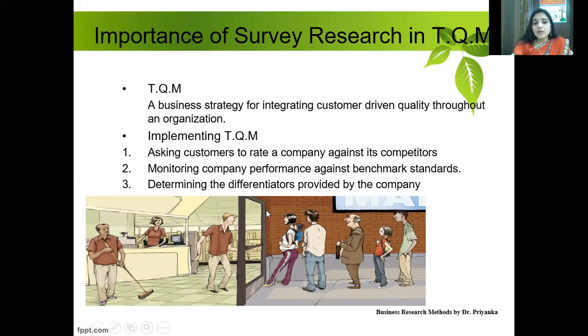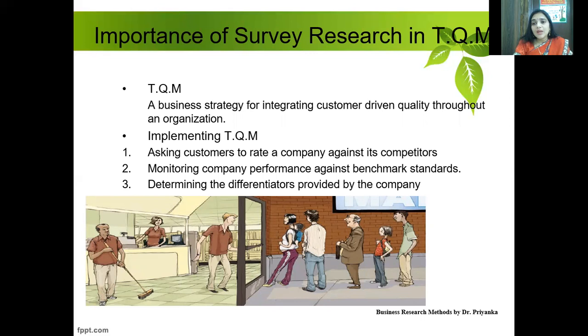Then monitoring company performance against benchmark standards. You can actually monitor your company performance against some benchmark standards as per your industry. Different companies in different industries have different benchmarks, different standards.